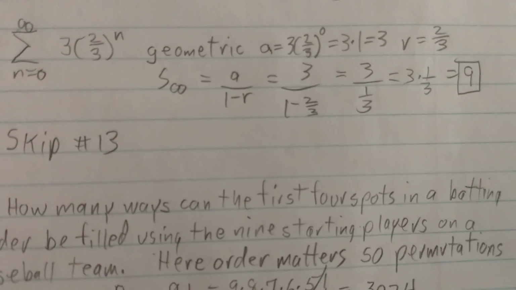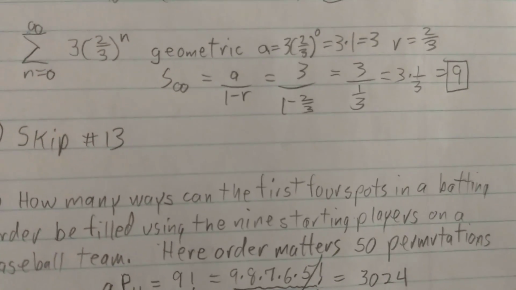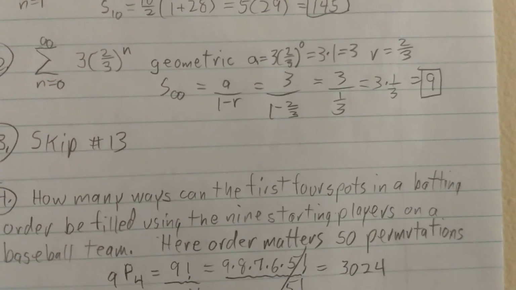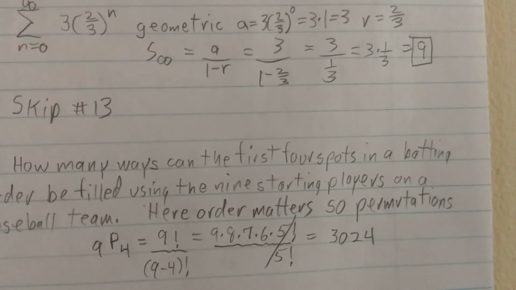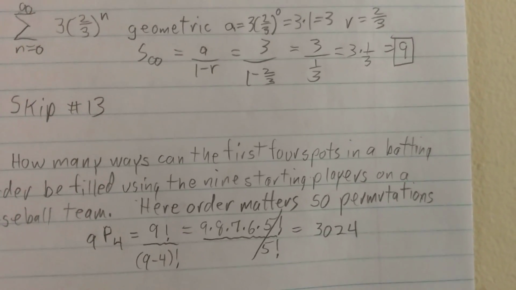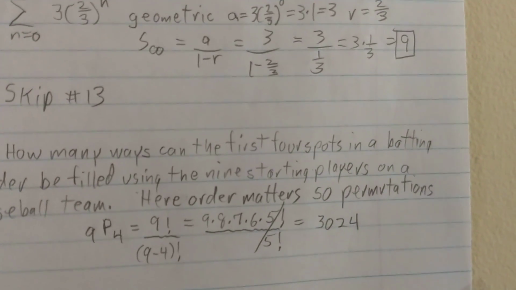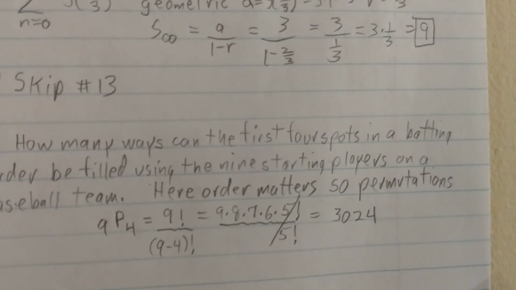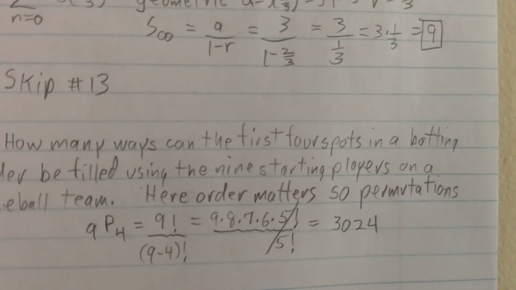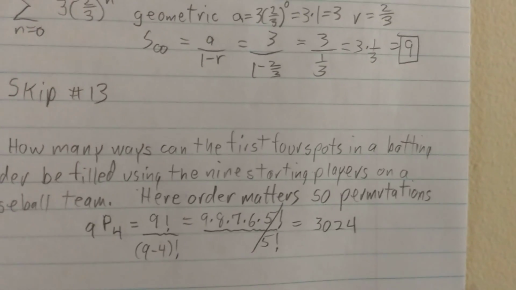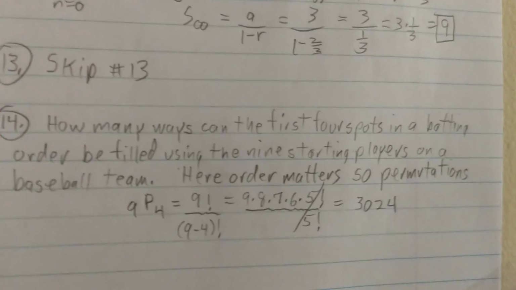So our formula for S infinity is a_1, the first term, over 1 minus r, or 3 over 1 minus 2/3, which is 3 over 1/3, which is 3 times the reciprocal of 1/3, which is 3 times 3 is 9. So that 3 times 1/3 is a misprint. It's 3 times 3 equals 9.